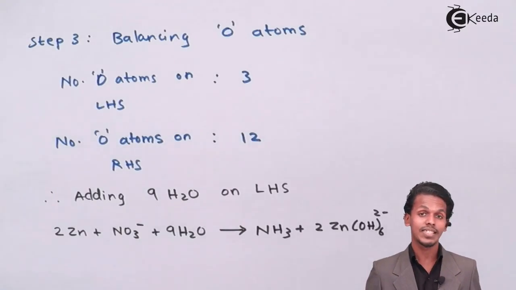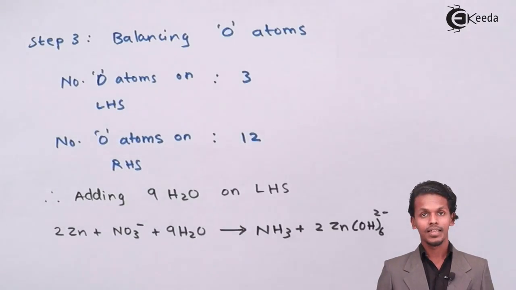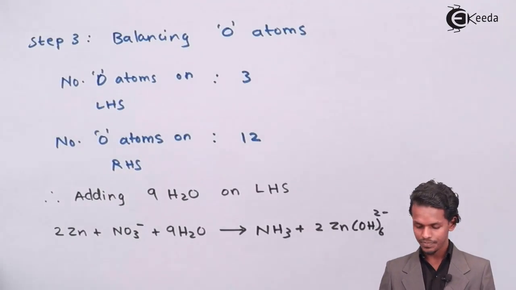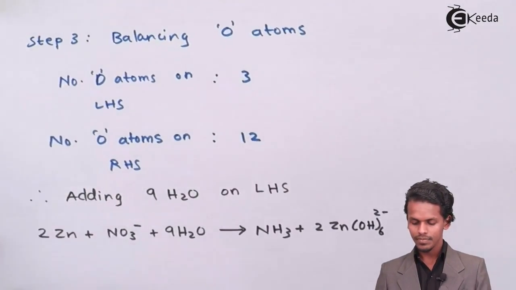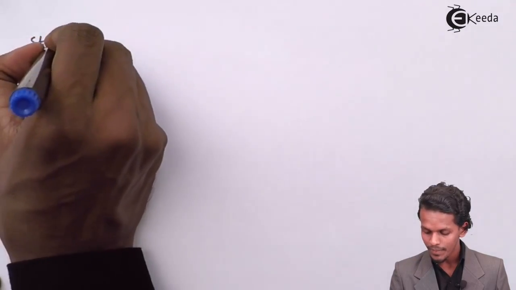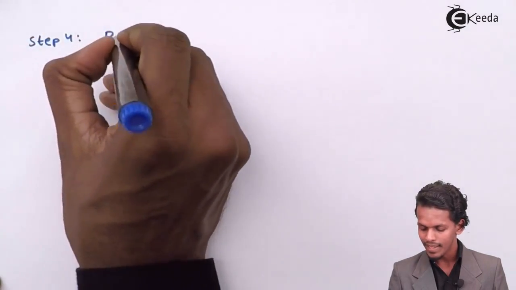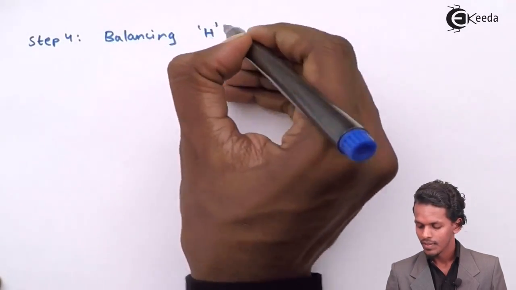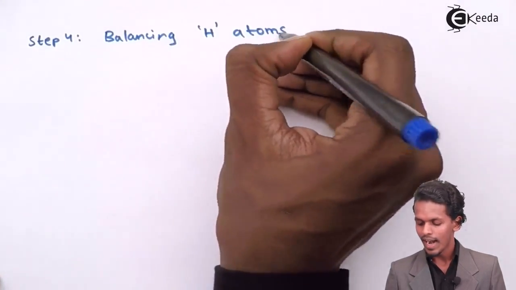So we are moving towards step number 4, and that is balancing the hydrogen atoms. So the step number 4 would be balancing hydrogen atoms.